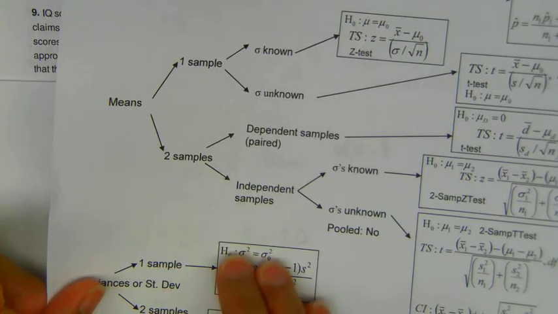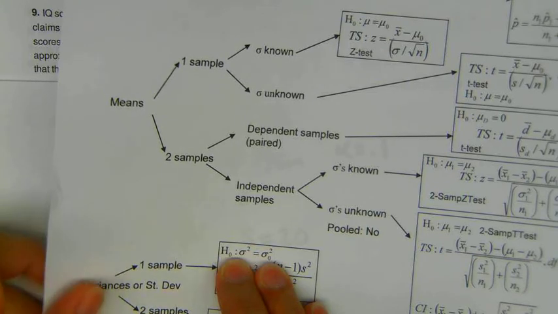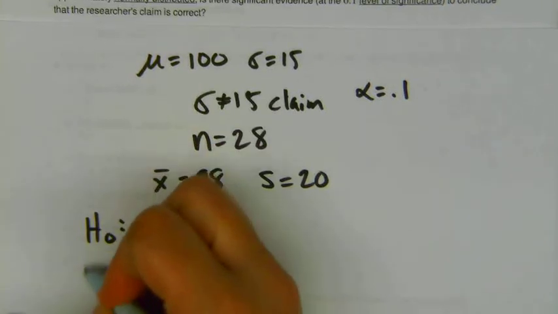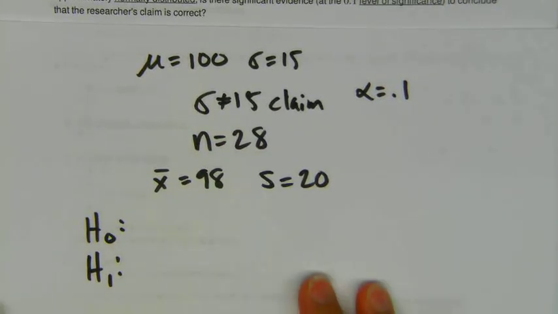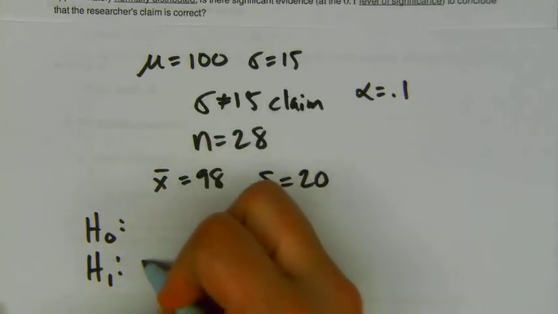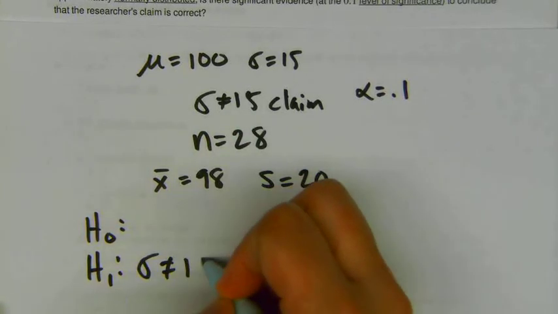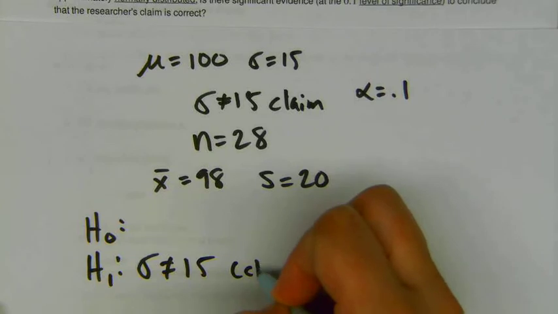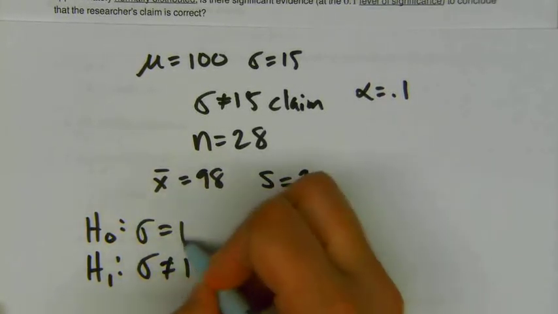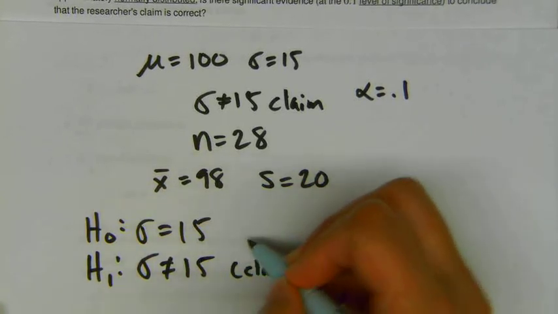Going through, my null hypothesis is going to be, in this case, sigma equals, rather than sigma squared, but you can write it either way. So we have our hypothesis statements. My claim is that they're not equal, and the not-equal sign is only allowed in the alternative hypothesis. So that's my claim in the alternative. The complement to that would be that sigma is equal to 15.